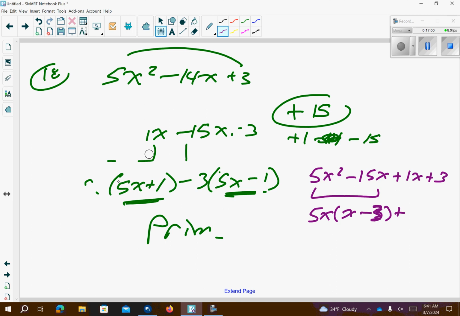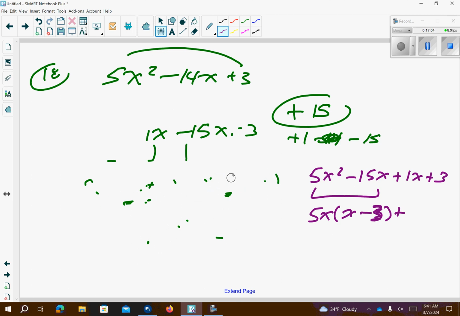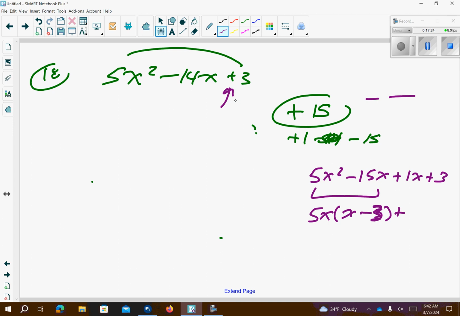Let's try this one more time. Why am I not cluing into where I made a mistake? Okay, so 5 times. Oh, that's why. Because we would have needed both signs to be negative to work. That didn't work. Yeah, this one's prime. This one does not factor.